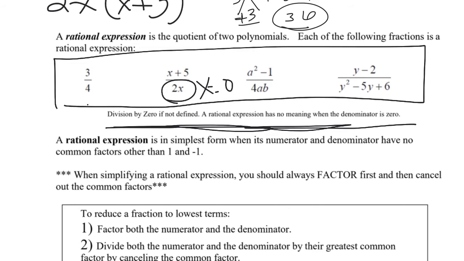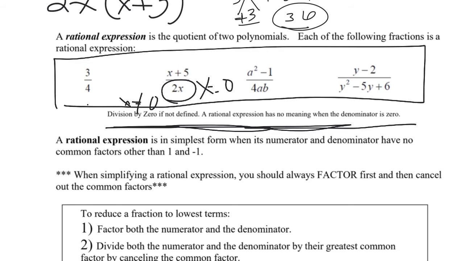A lot of times it'll say something like restricted values, x cannot equal 0. We're not so worried about that just yet. We'll talk about that more, but you do need to know that. If you got an answer like that, it wouldn't make sense. But first, we're worried about you knowing how to factor and simplify.